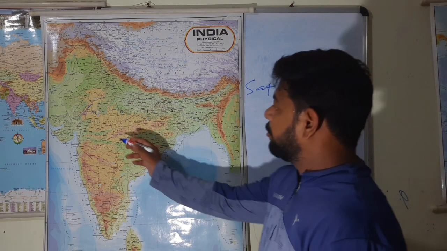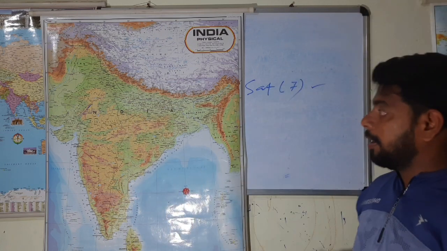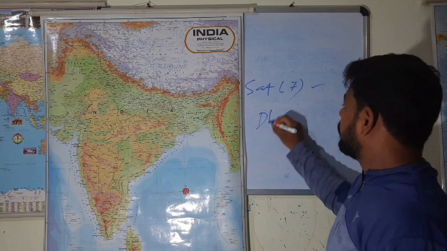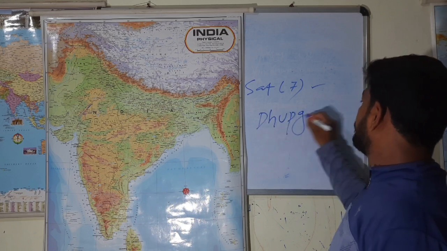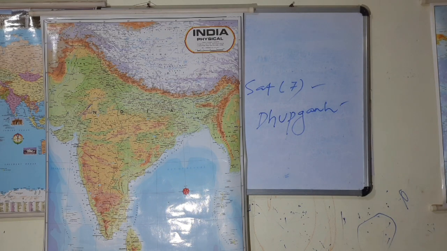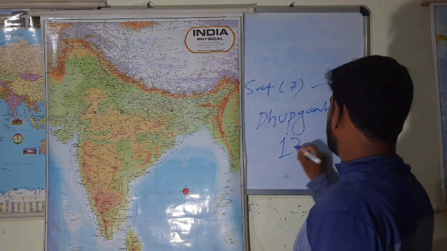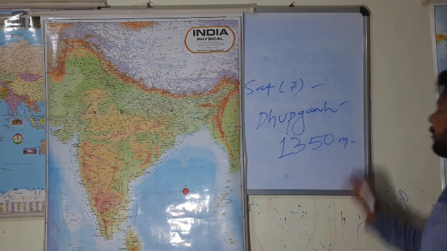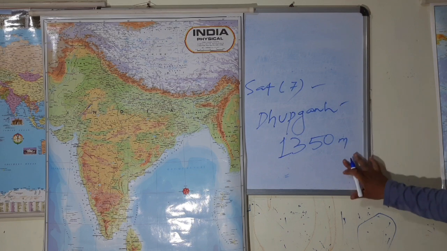The highest peak of Vindhya was Sadbhavana. The highest peak of the Satpura range is Dhupgarh. Noted? And the altitude is 1350 meters.